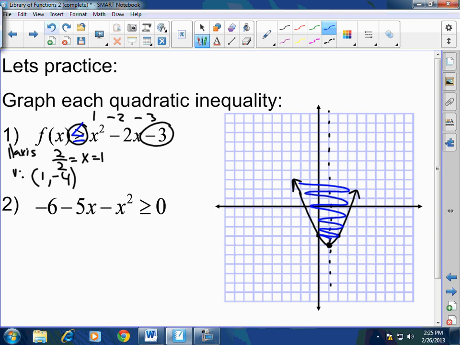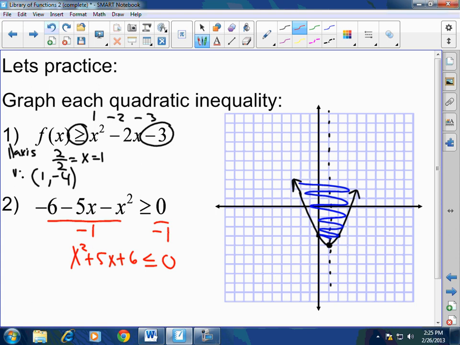Promise? Okay, last thing. I know you want to get out of here. Last thing, I promise. Let's knock this out real quick. First thing I'm going to do right off the bat, I'm going to divide by negative 1 to make this positive. So I got x squared plus 5x plus 6 is now less than or equal to 0. Why did I flip that? Whenever I divide by a negative.